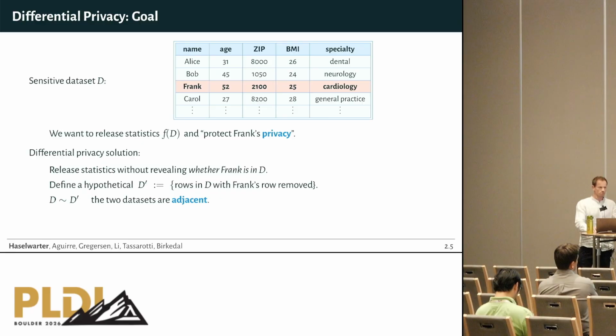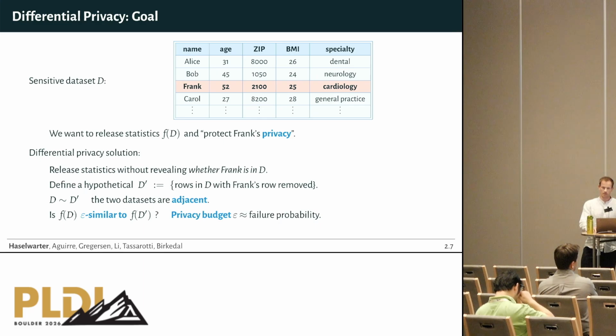And we call two such data sets adjacent. And then the question that we ask is whether f on d is somehow epsilon similar to f on d prime. And this epsilon here, we also call that the privacy budget, which, as we saw, gives us a bound on how much privacy we're leaking.